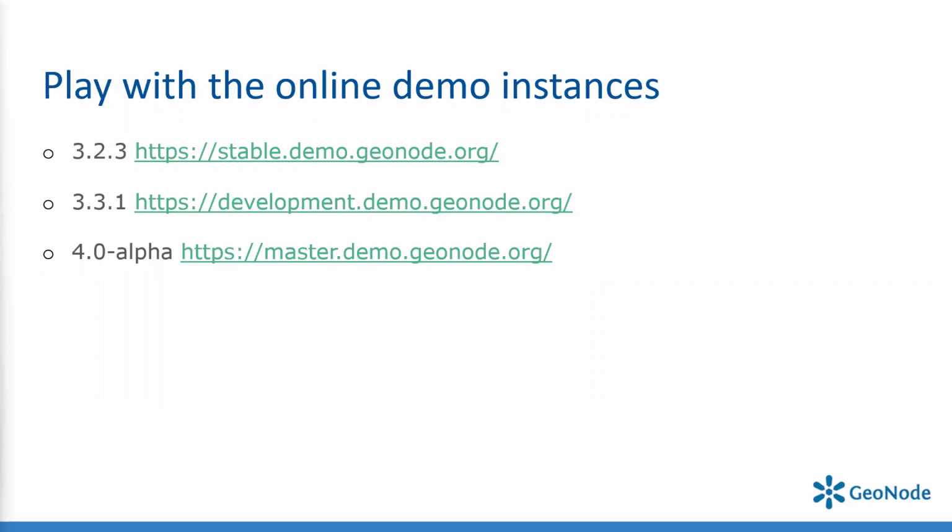The maintenance one, 3.2.3, which is reachable through this stable.demo.geonode.org endpoint. The 3.3.1 version, which is reachable through this development.demo.geonode.org. And the latest one, the 4.0 version, which is available through the master.demo.geonode.org.